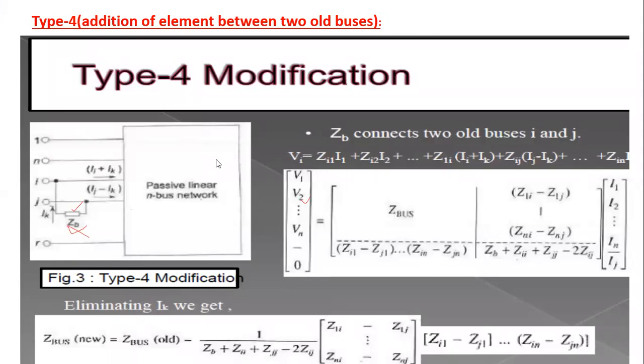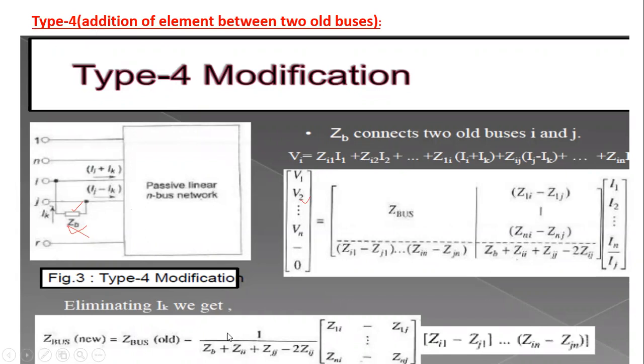This will be understood when we are solving the problem related to the Z-bus building algorithm. Understand? These four types of modifications will be clearly understood by solving the problems, which will be discussed in the next class.